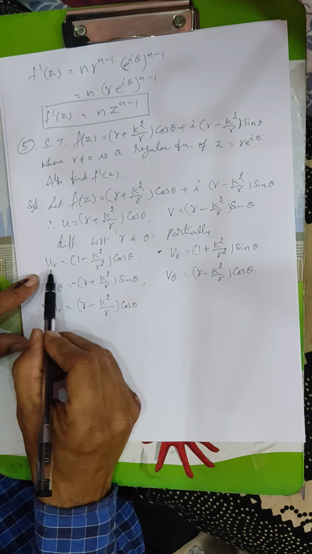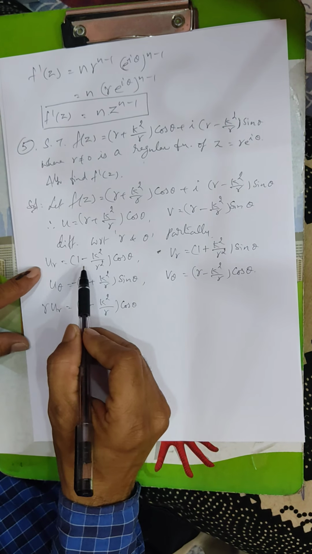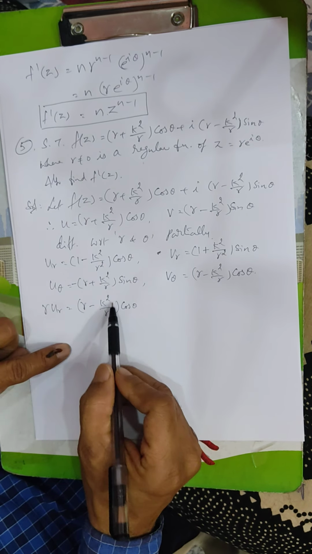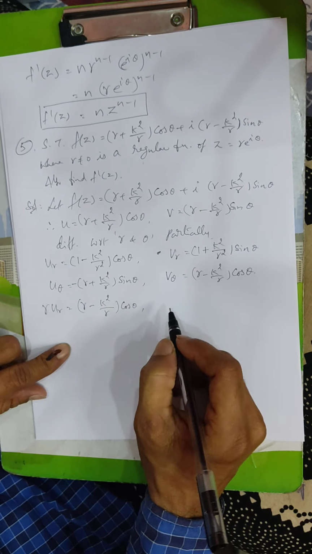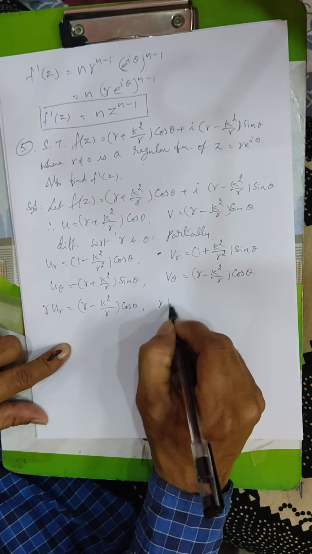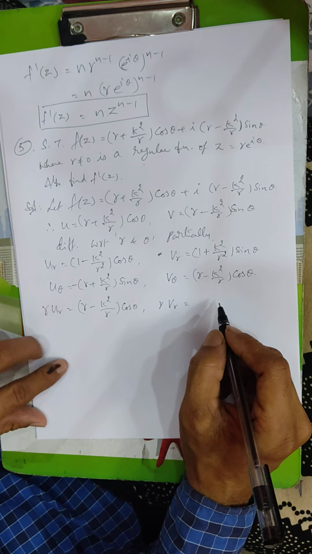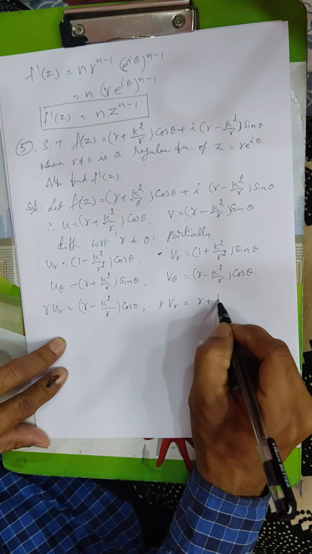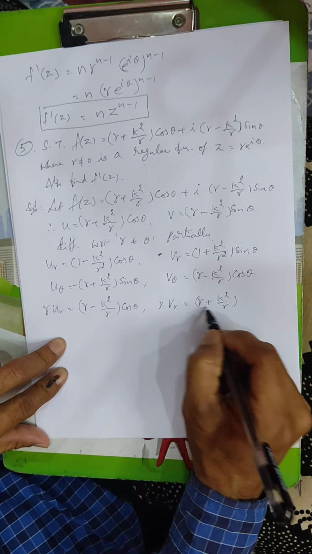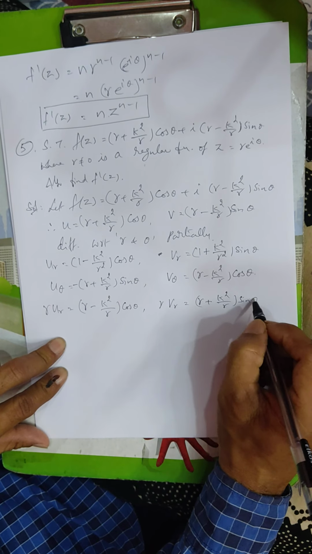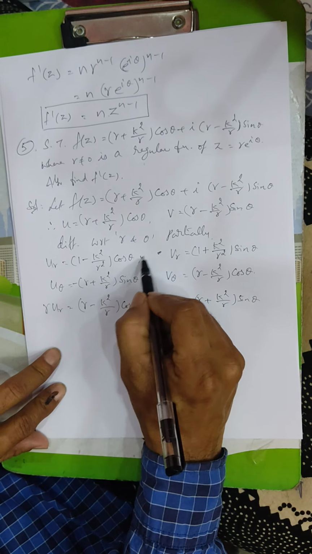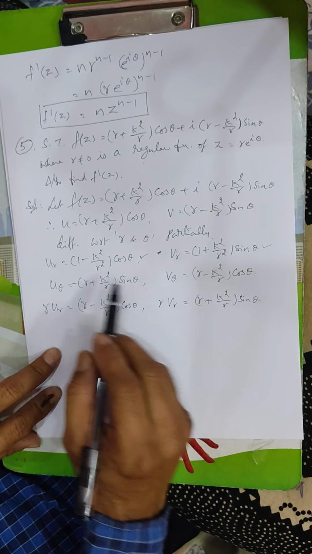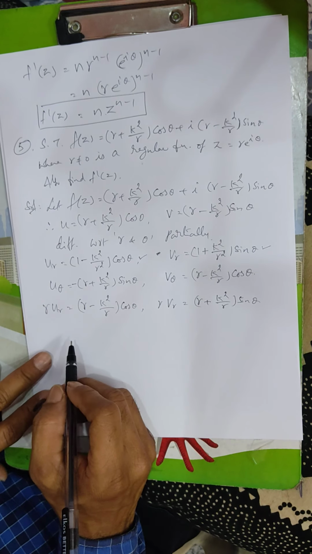Similarly, r into v r is equal to, multiply this by r, r plus k square by r into sin theta. So we are multiplying these two partial derivatives by r on both sides.